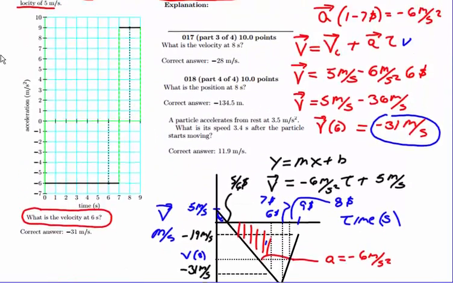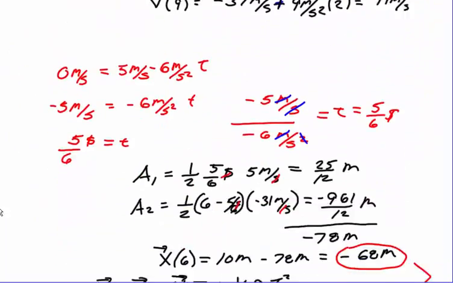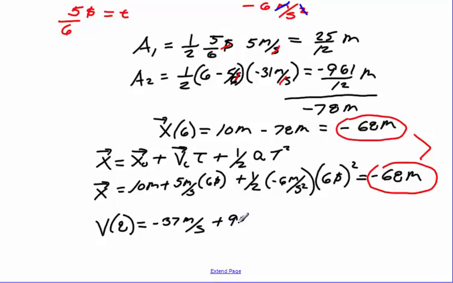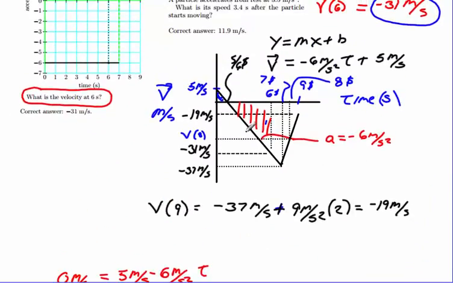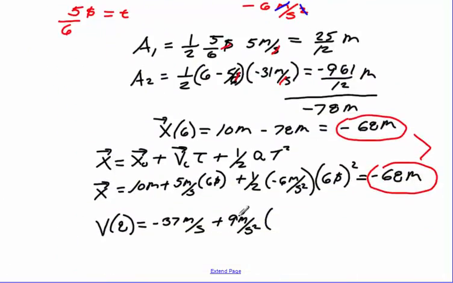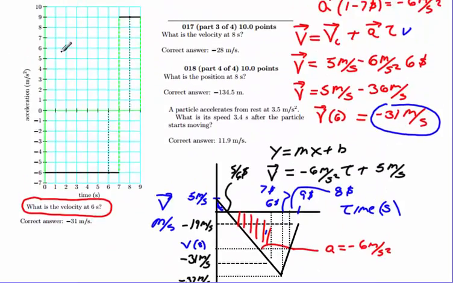We go back to our graph, and that has a slope of 9 meters per second squared. Multiply it by the difference in time between 7 and 8, that's 1 second. Run that value there, and don't I get negative 28 meters per second. Okay, let's check to make sure that is correct, and that is correct.